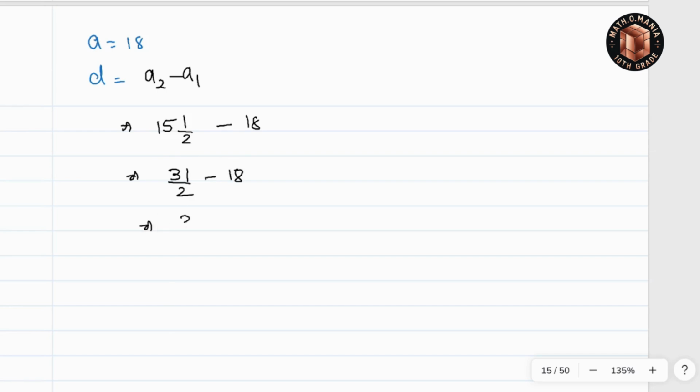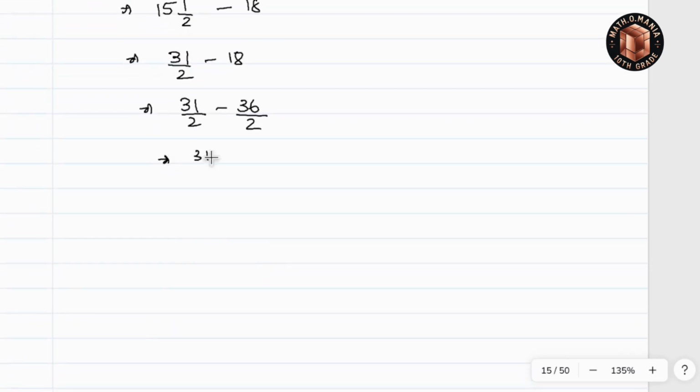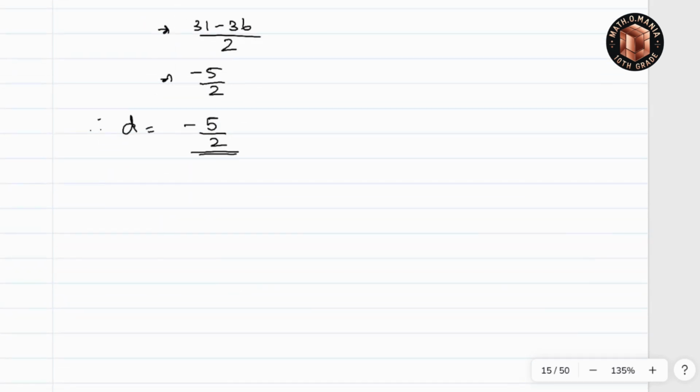So, after taking the LCM, it is equal to 31 by 2 minus 36 by 2, which is equal to 31 minus 36 the whole divided by 2, which is equal to minus 5 by 2. Therefore, my D equal to how much? Minus 5 by 2. Now, I need to find my AN. What's the equation for finding the AN?